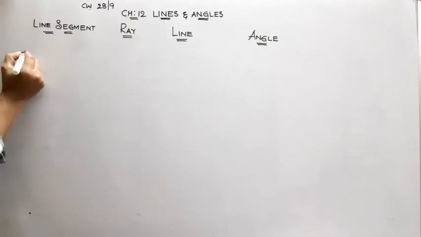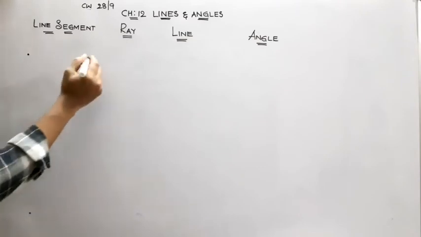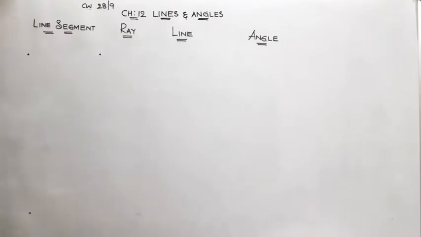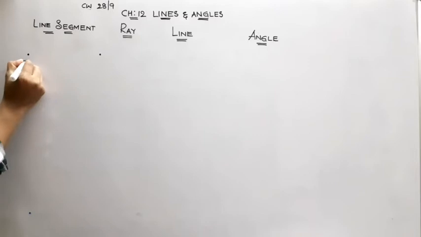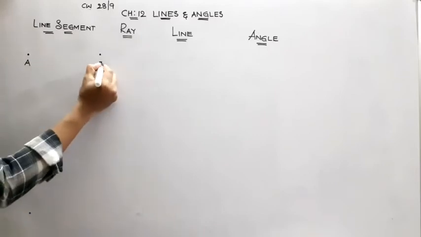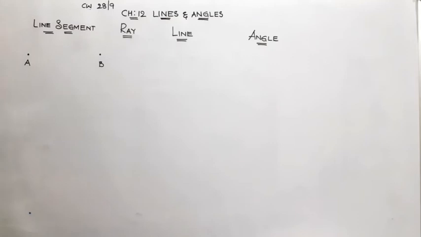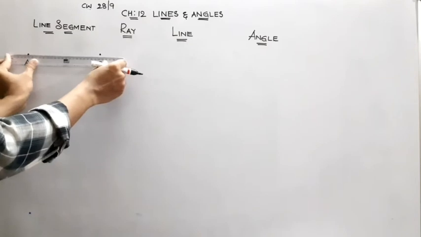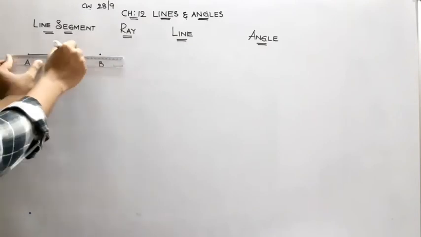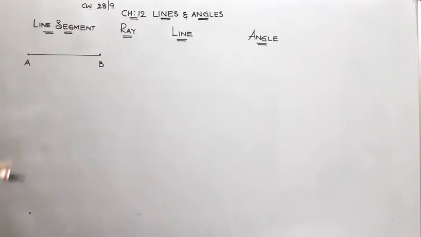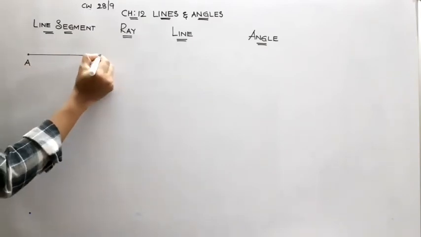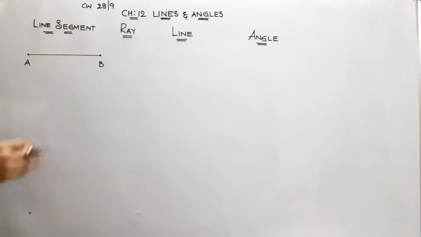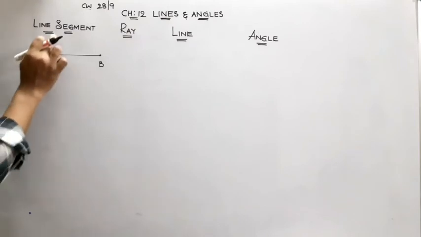As you know, for example, in a plane, I take a point like this, and another point like this. Let this point be A and this point be B. If I join these points with the help of a scale like this, we get a figure called a line segment.